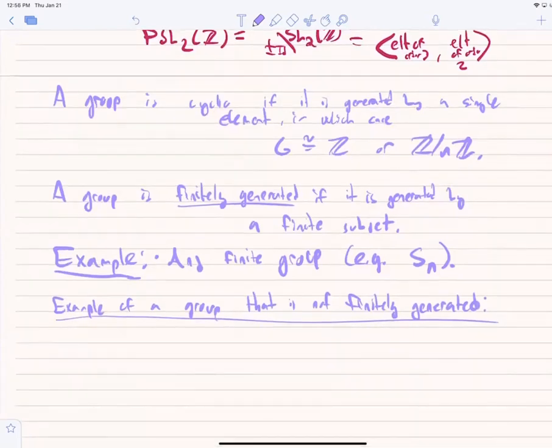Great. So the rational numbers with the addition. So I think Sandra just wrote that on the board with a question mark.